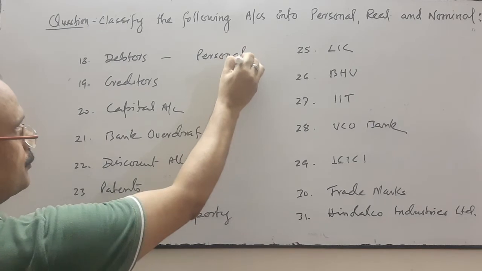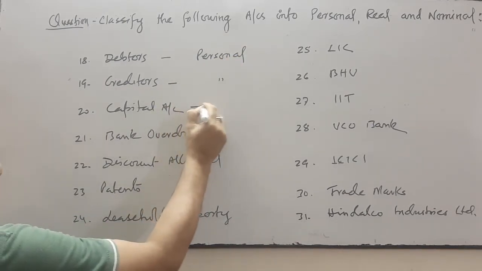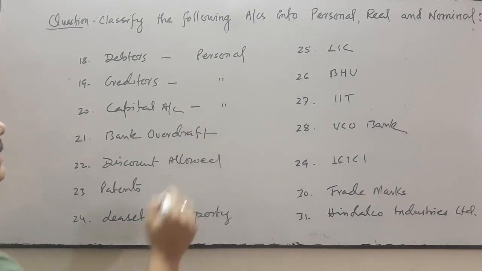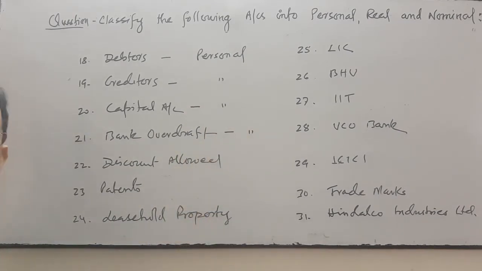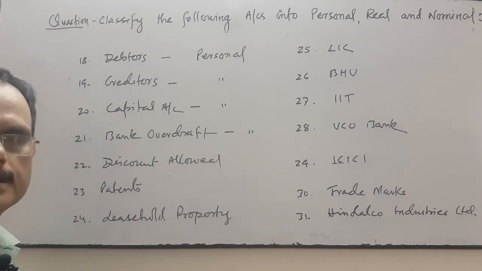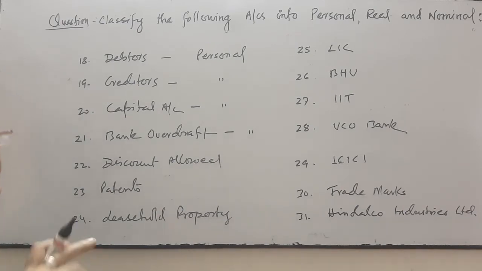It's a natural person. Creditors also come under personal. Capital also comes under personal. Bank overdraft also comes under personal. It represents the bank, an artificial person.